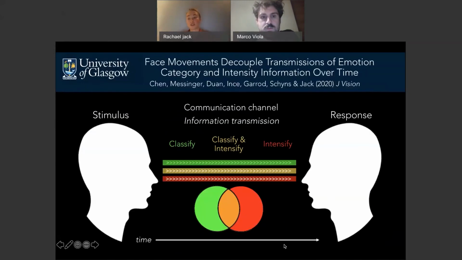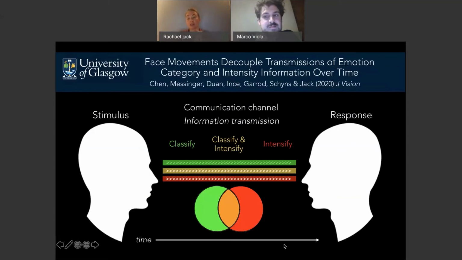Okay, so delving a bit deeper into this temporal structuring of these signals, we find that there's a systematic temporal structuring to it. In this recent study, we examined the information that is being transmitted by action units. So again, this is with the 6 classic emotions.